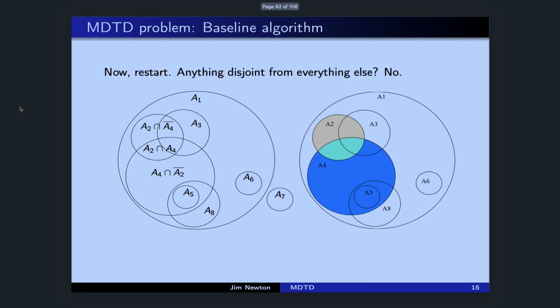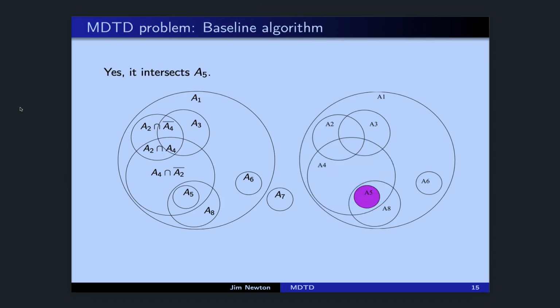And then we start over again. Is anything disjoint? No. So we take any type, A4, what does it intersect with? It intersects with A5. So then we generate what I call the standard partition again: A5 and A4, and not A2 and not A5. Take those out of the original set and add in the new.